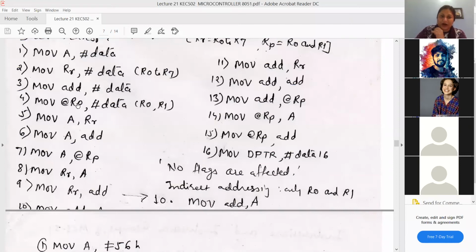It will not go to R1. If it has to go to R1, then you don't put the at sign. You just write this type of instruction. Once you write the at sign, it goes to the memory location specified by R0 and R1 contents. Understood?